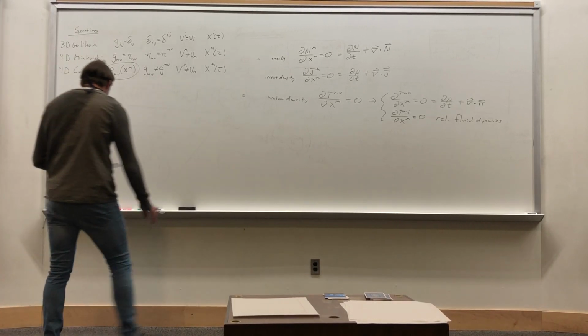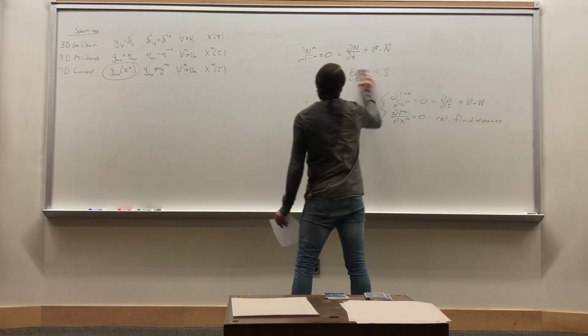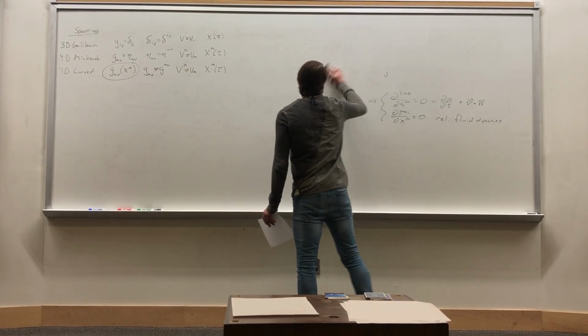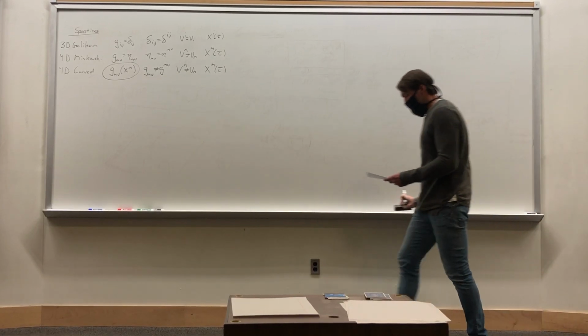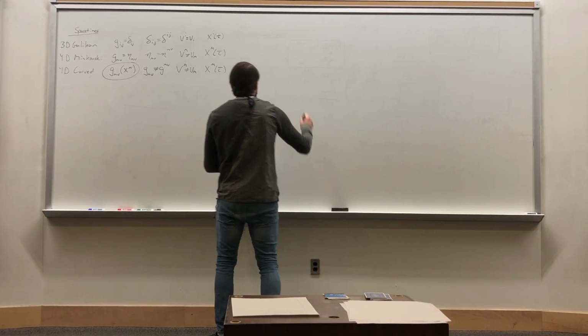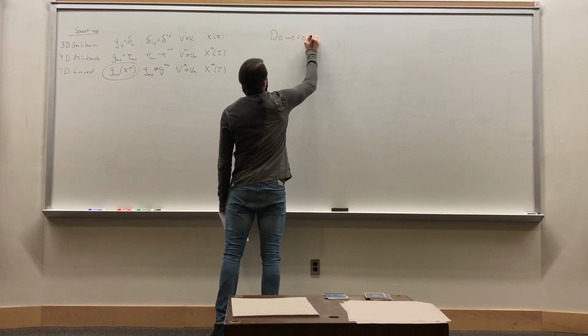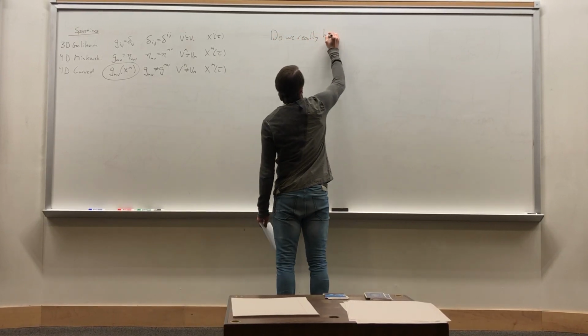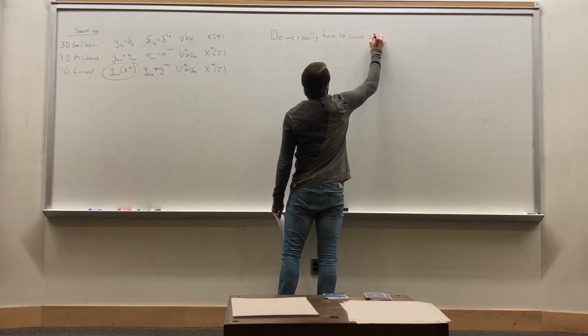Okay? Now, I would like to very quickly pursue a question which confuses a lot of people. And the question might be posed, do we really have to curve space-time?